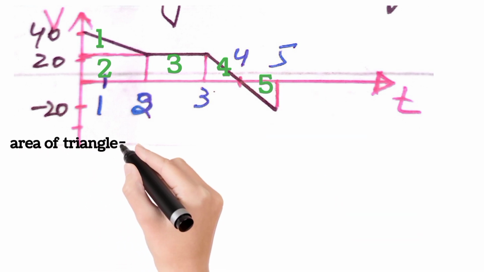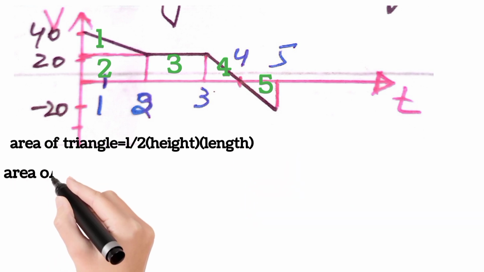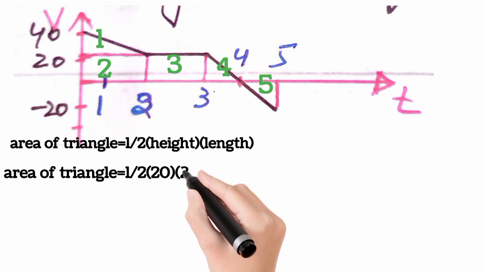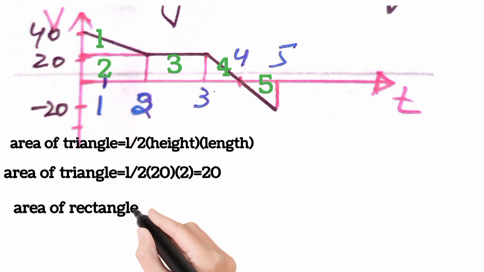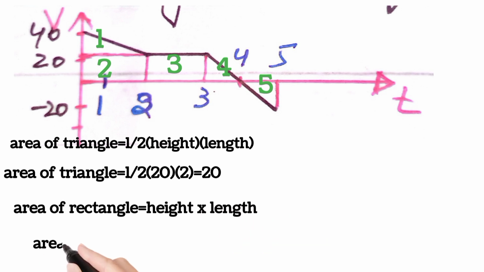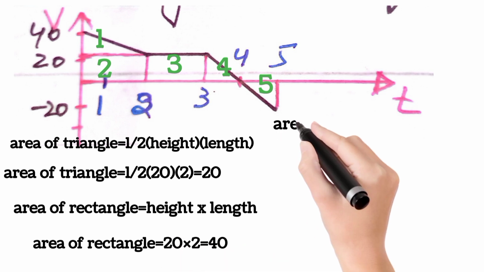The area of a triangle is equal to 1/2 height into length. If we replace the values for the first triangle, 1/2 times 20 times 2, the answer is 20. Area of the rectangle for the second shape is height into length. If we replace the height 20 and length 2, the answer is 40.